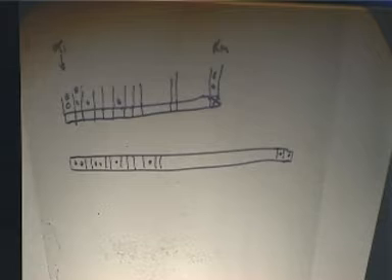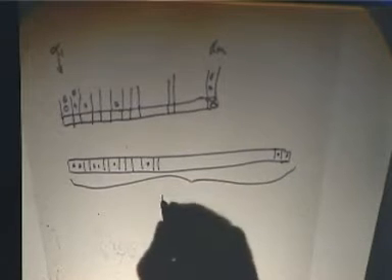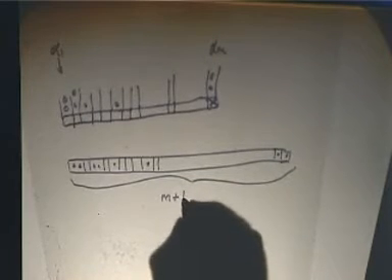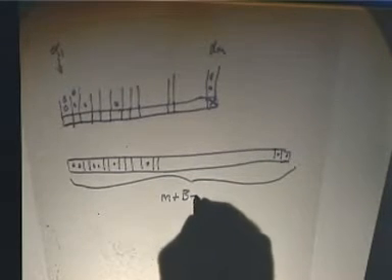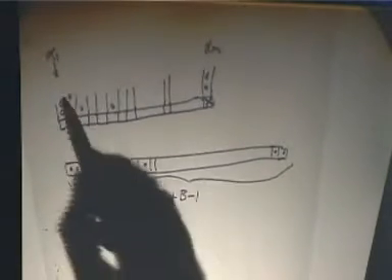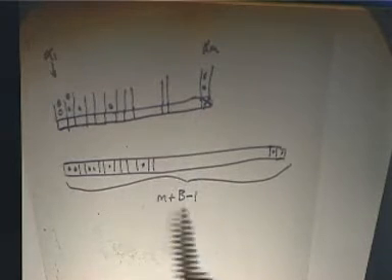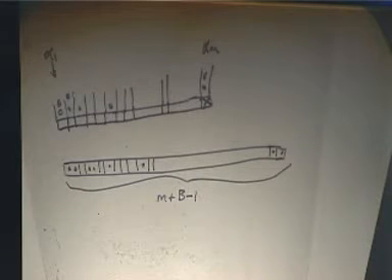Now, what I maintain is, this of course is now of length m plus b minus 1, because remember there were m blanks here and there were b balls, and I dropped off 1, so it's m plus b minus 1.